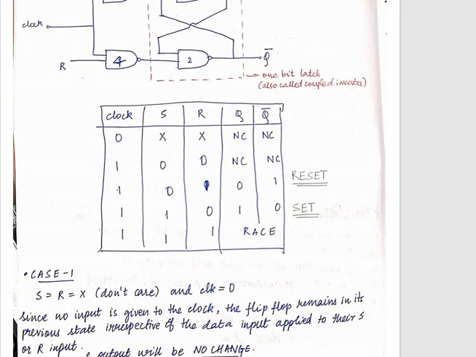So when the clock is not applied, that means when the clock is 0, even if you apply any input to these two SR pins, we still don't get any output, or it will be in its prior state or no change state. There will be no change in the output state.